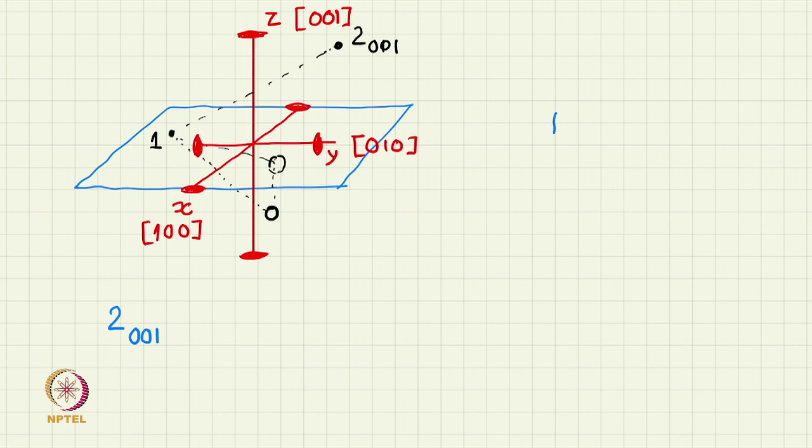Recall the method we developed for writing the symmetry matrices. We just look at the effect of rotation on the basis vectors themselves. So, I have 1 0 0, 0 1 0 lying in the xy plane and 0 0 1, the z axis, in this projection is coming out of the plane, I write it in the center.